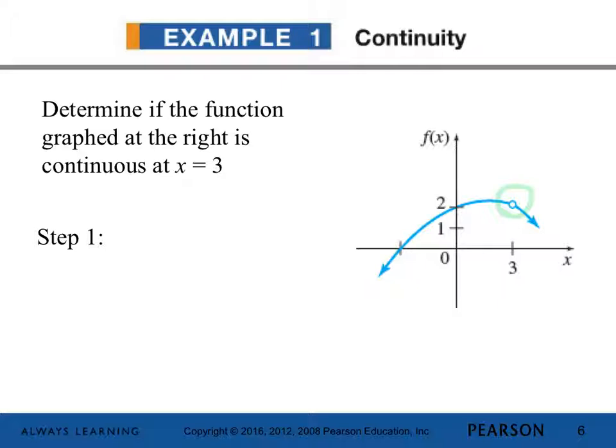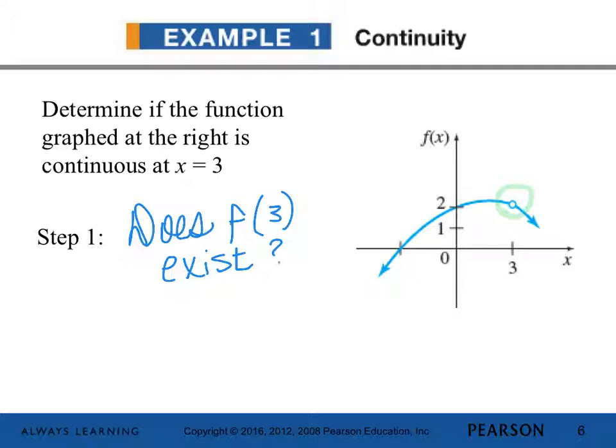So step 1, does f of 3 exist? And our answer, as we can see, is no. Therefore, it fails at step 1.